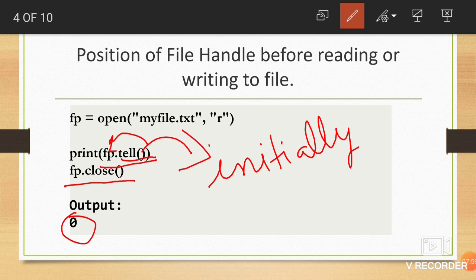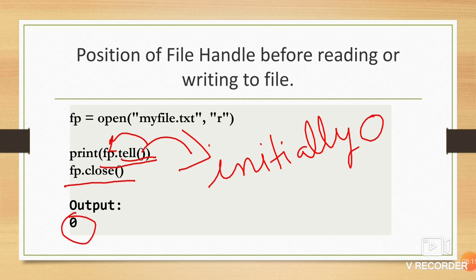I think you understand the use of tell. Tell gives you the current position of the file object. Initially the position of the object is 0, which means the beginning of the file.